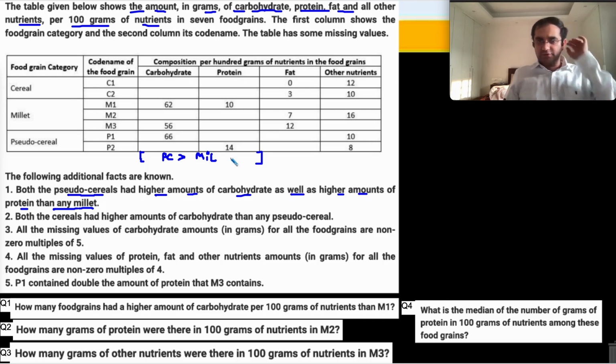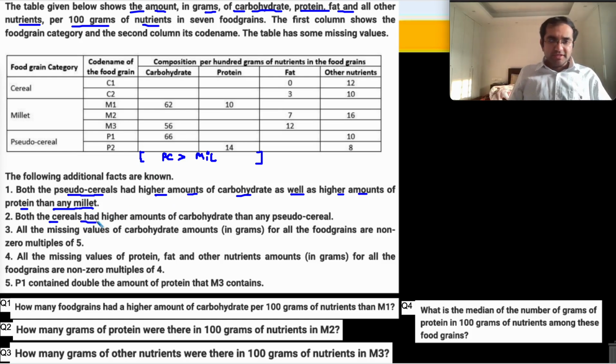Pseudo cereal values will always be greater than the millet values. So for example, these two, 66 and this one, would always be greater than 56, dash, and 62. Which means this value is definitely less than 66, as it is less than the pseudo cereal, and this value will be more than the millet, which means more than 62 for sure.